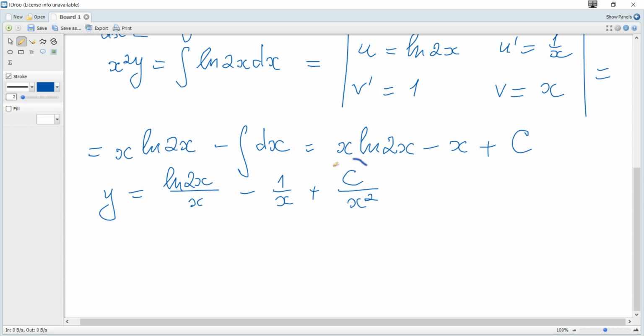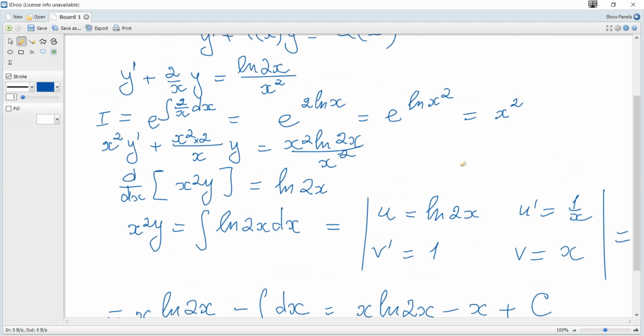Notice that you cannot write here another constant because it's constant divided by x squared. If constant divided by another constant, you may write as another constant, just c1. But here it must be c over x squared.